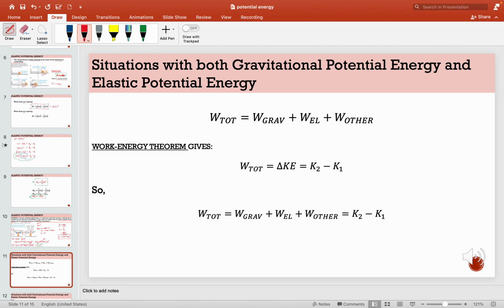If we want to solve for the total work done, we can solve for the sum of all the work present, which is the work done by the gravitational potential energy, plus the work done by the elastic potential energy, and any other work done on your body or object. Since, according to the work-energy theorem, the total work done is equal to the change in kinetic energy, or the final kinetic energy minus the initial kinetic energy. So again, this is the work-energy theorem.